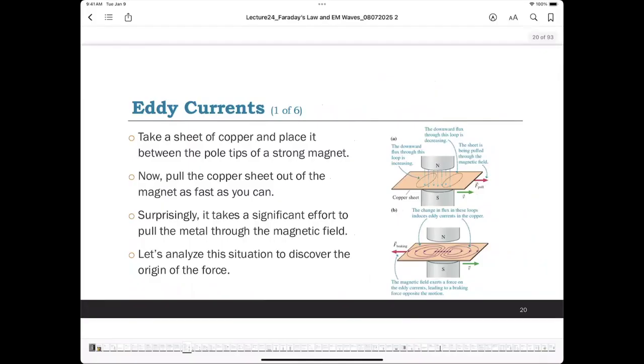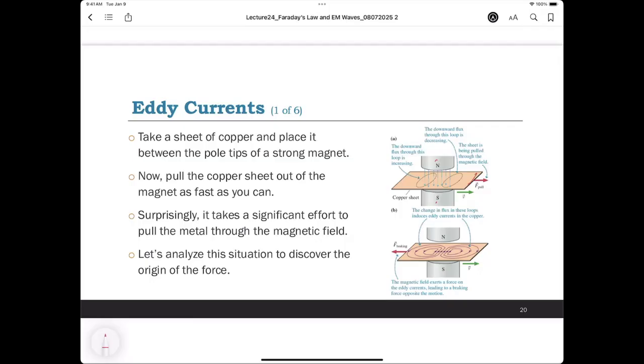Take a sheet of copper and place it between the pole tips of a strong magnet. You can see there is a strong magnet, and then you take a sheet of copper and place it between those two. And now pull the copper sheet out of the magnet as fast as you can.